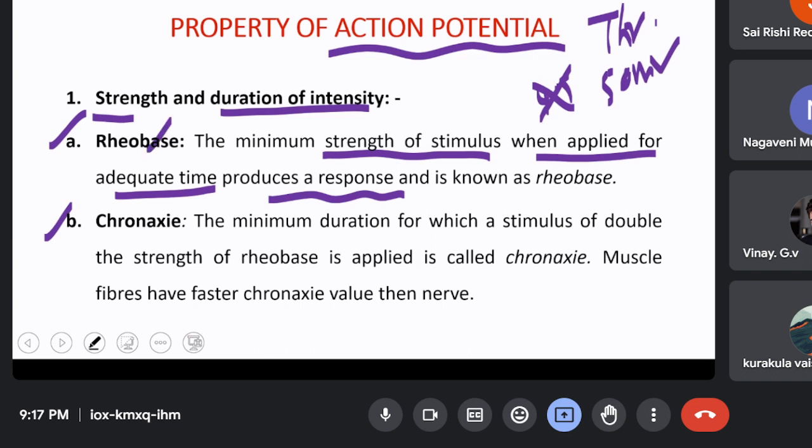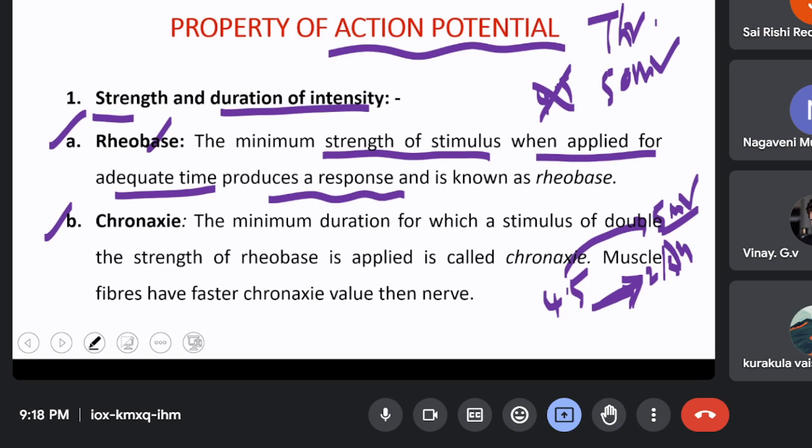But rheobase says that if the 4.5 is given for some duration, let's say for 2 milliseconds or 3 milliseconds or 4 milliseconds, so if it is given for a certain duration, the value may reach the threshold value, and then it gets excited.